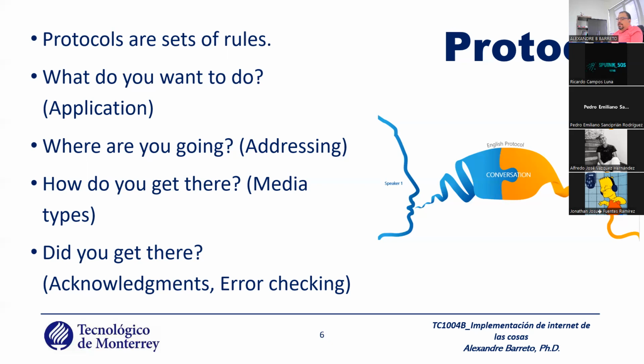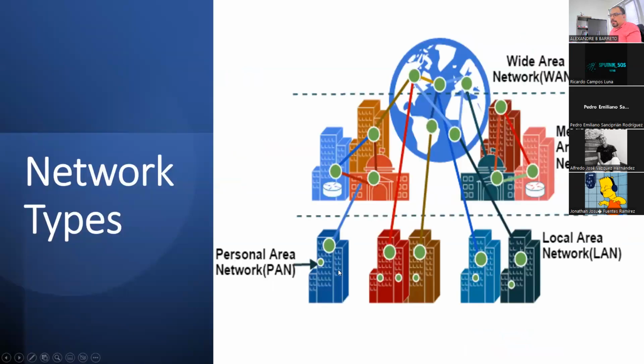Everything that is defined when you say I use 5G is a set of rules that define the communication behavior in all aspects. So you have different types of protocols and different types of networks.